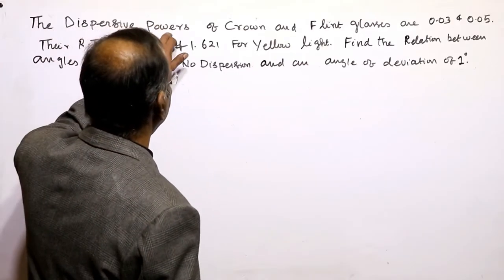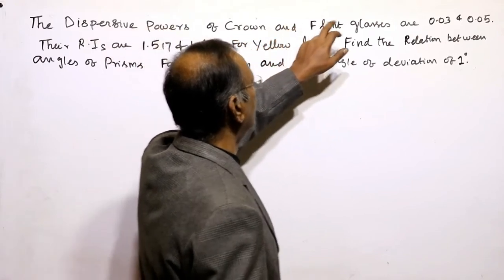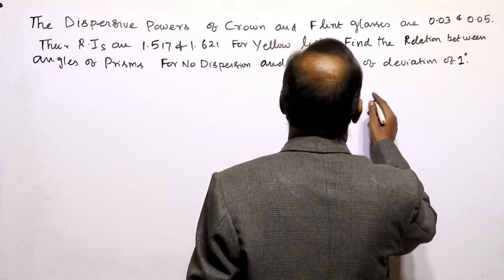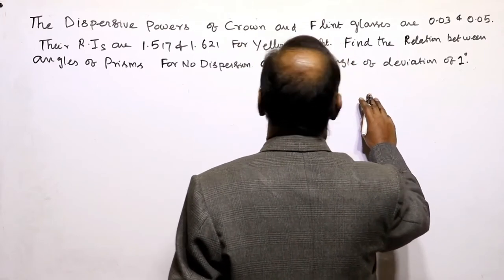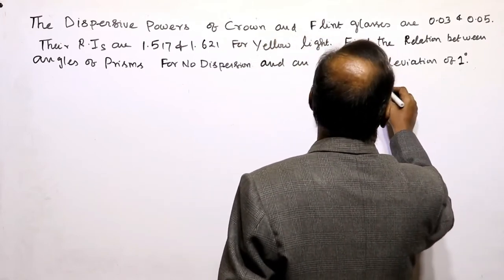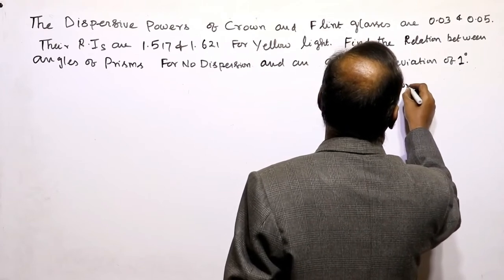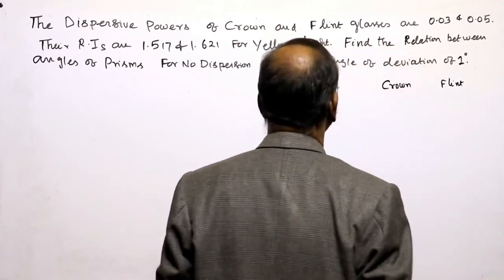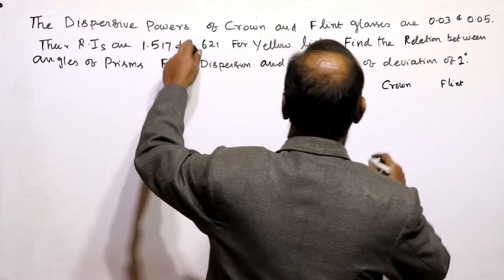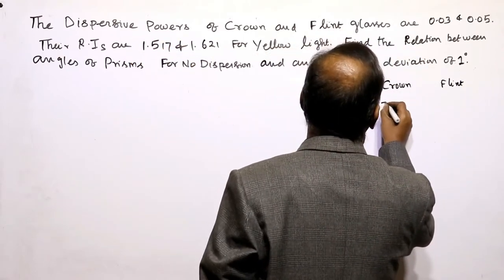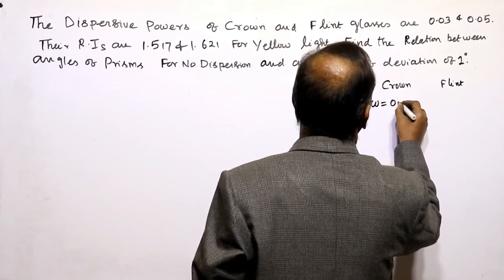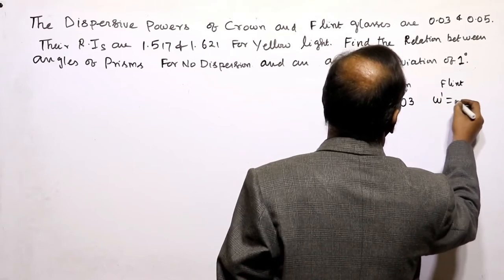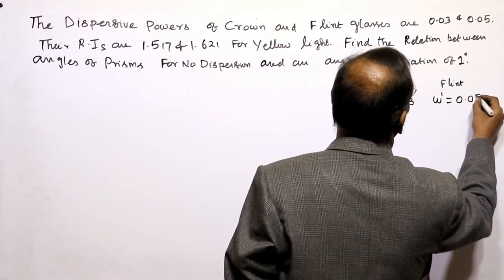The dispersive powers of crown and flint glasses are 0.03 and 0.05. It means we have two prisms, that is crown and flint. These are the materials. Dispersive power of crown is equal to 0.03 and dispersive power of flint is equal to 0.05.